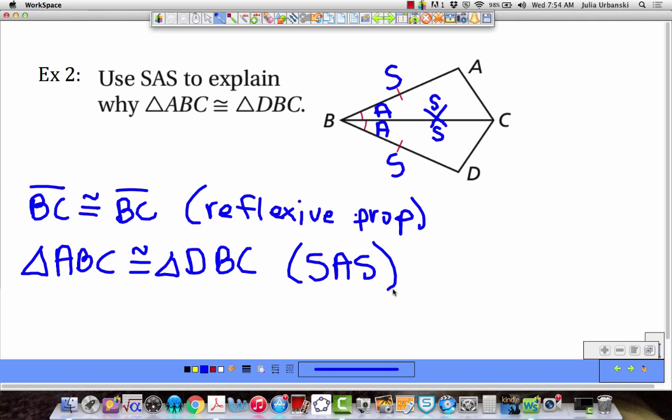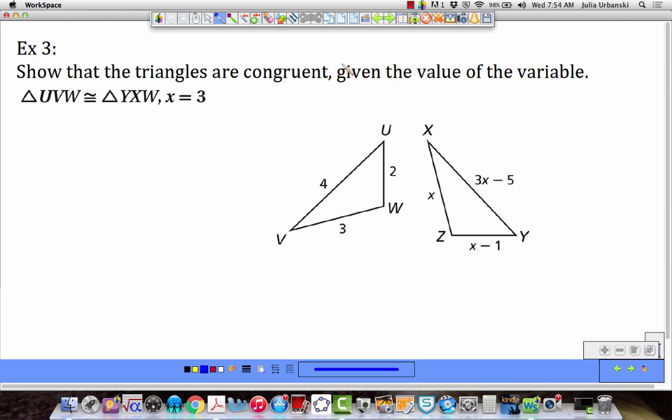All right, but the next one down just takes 1 extra step. Because they didn't give us all the sides that are congruent to each other. What did they give us up here? Show that the triangles are congruent given the value of the variables. Show that triangle UVW is congruent to YXW based on what? What did they give us? X equals 3. That's our fact.